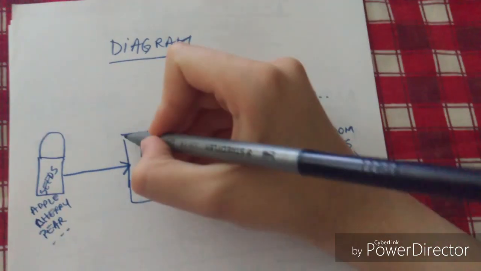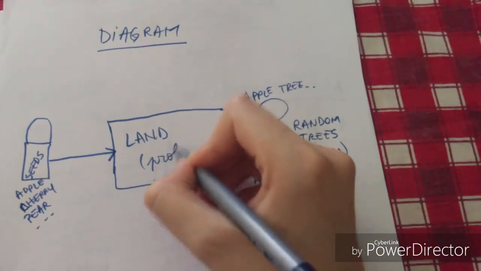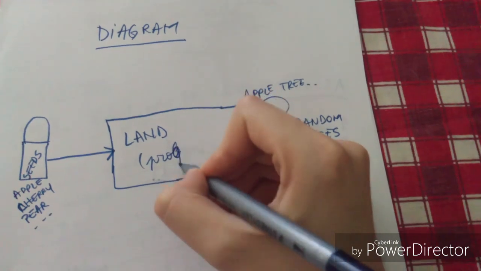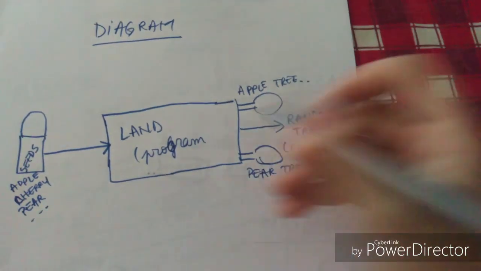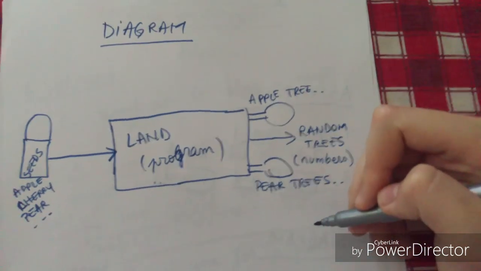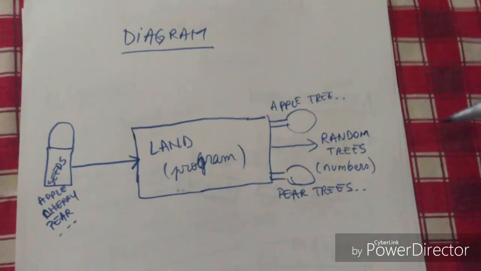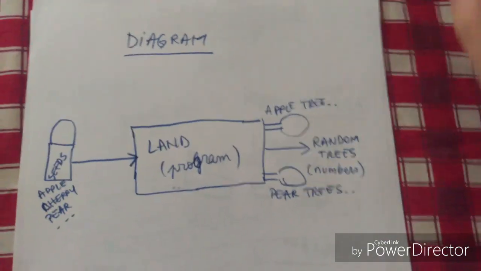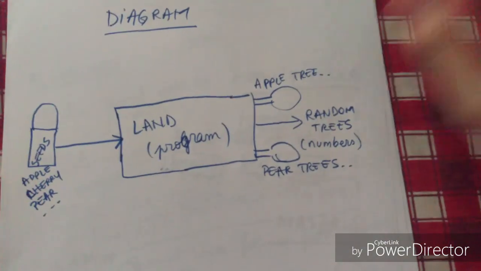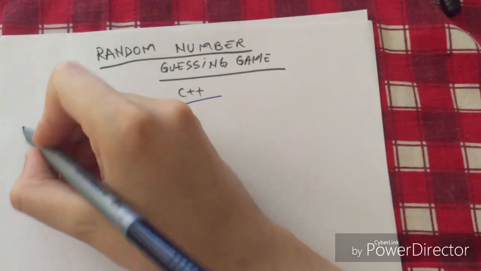The land is basically the program. And the trees are going to be the numbers. And as I said, we want unique numbers all the time to have an actual guessing game. Now that we are done with the assumptions and the diagram, we can go ahead and create the algorithm.